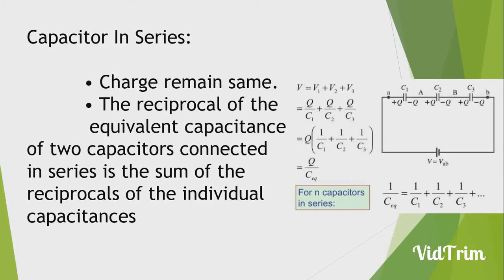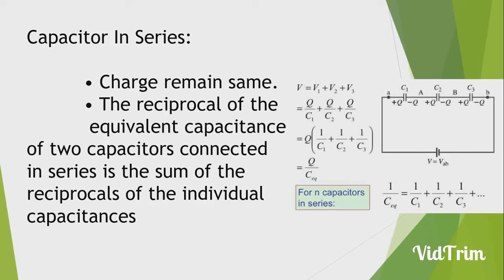Now we are going to see capacitors in series. Series means the capacitors are connected in series with the voltage source. Voltage is the same, V equal to VAB, and capacitor 1 carries plus Q and minus Q charge, the same as C2 and C3.